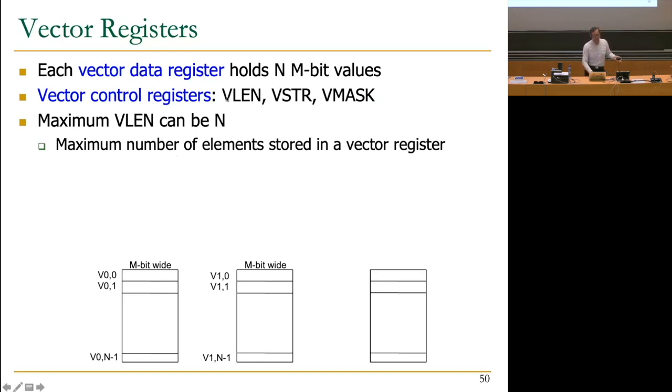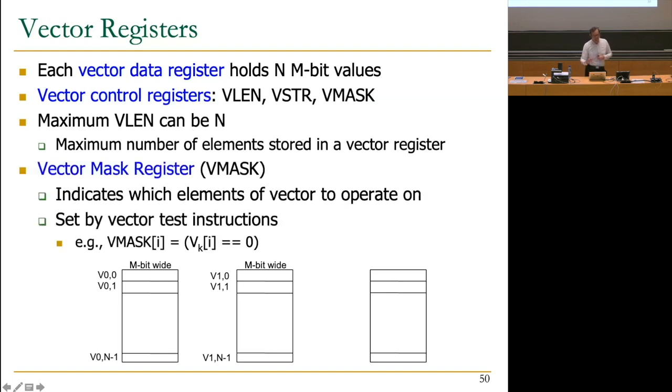So maximum vector length can be n. This is, as I said earlier, the maximum number of elements stored in a vector register. And you can see n over here in these vector registers. The vector mask register, vmask, indicates which elements of a vector to operate on. And this is set by vector test instructions. This is very similar to compare instructions in scalar ISAs.